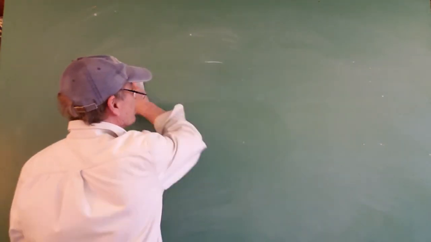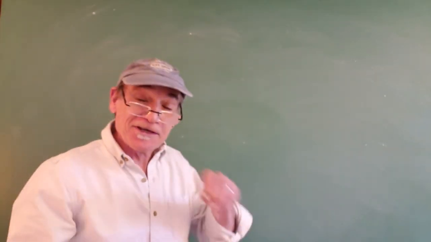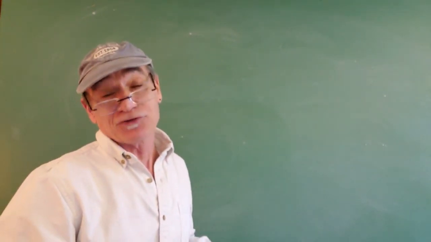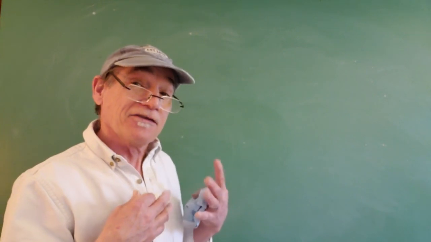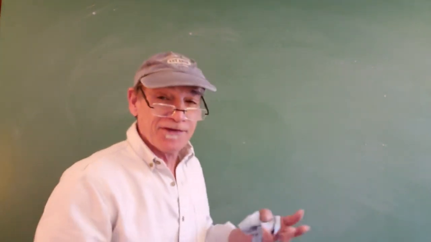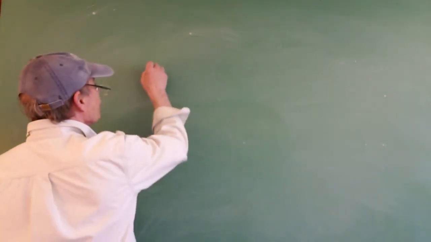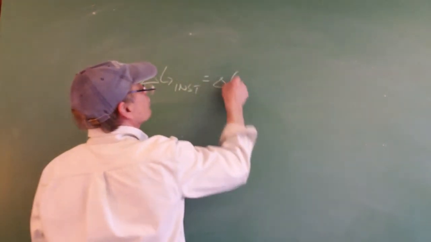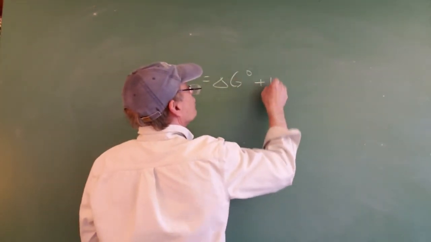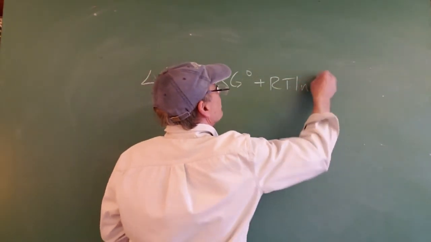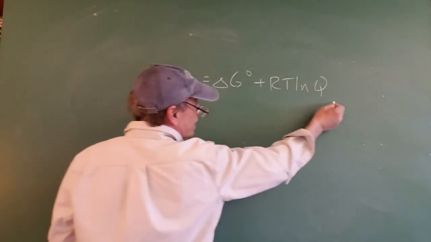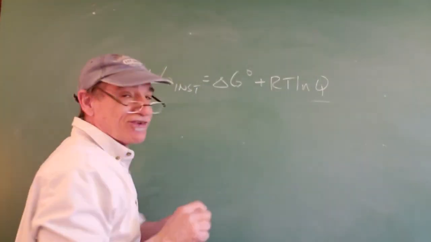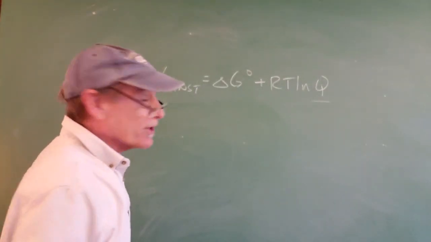Delta G versus temperature. All right, well then, once we discussed that, we talked a little bit about, well actually more than a little bit, the relationship between delta G and the equilibrium constant. And we started off with this equation, that delta G instantaneous is equal to delta G naught plus RT ln of Q. That's if your conditions are other than equilibrium, you can put in the Q value and actually find out what the delta G is at that instant in the course of the reaction.